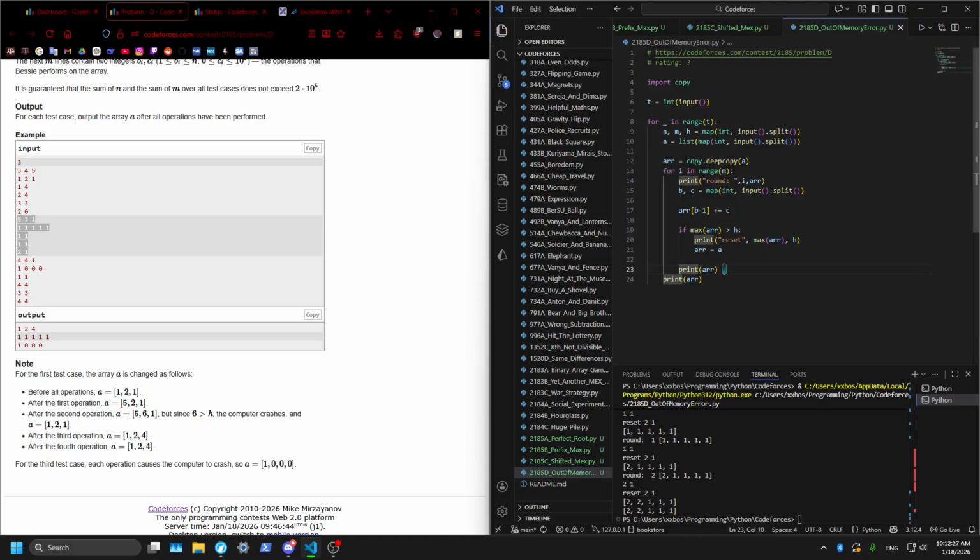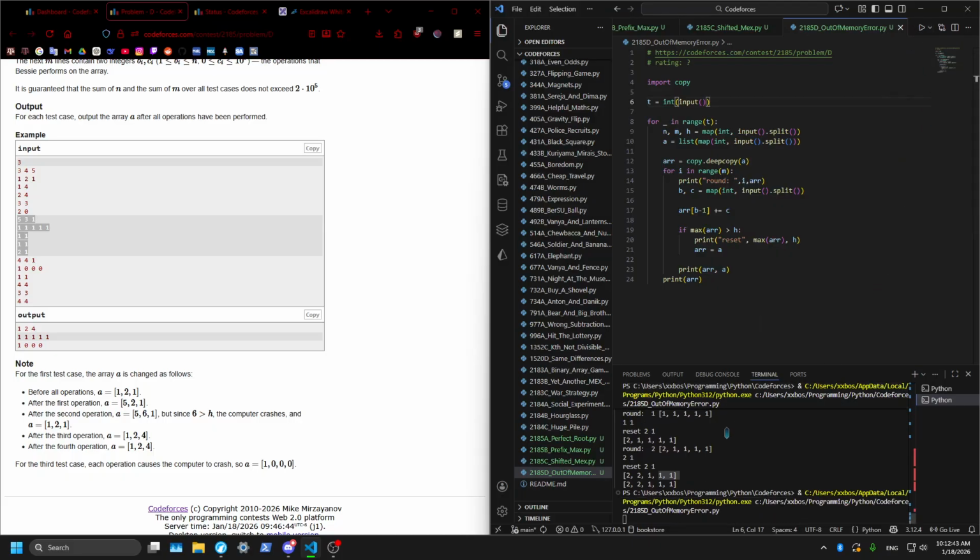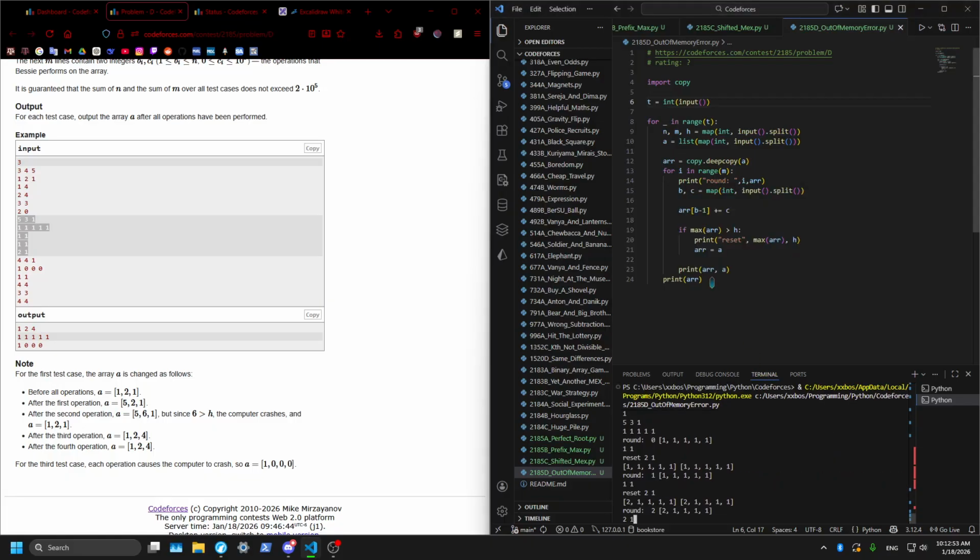What is going on here? Why is it being reset, right? Why is R equal to this when A is being modified again? Paste. A is being modified. How is A being modified?